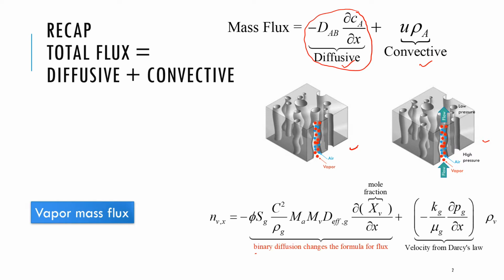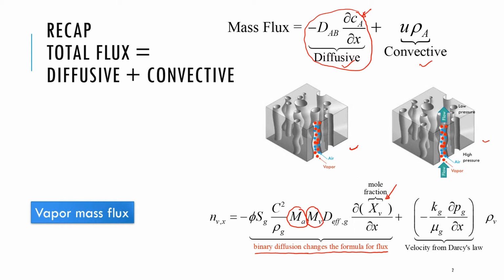Here the binary diffusion is written still Fick's law, but in a slightly different form. And as we change from concentration with various mass units to here mole fraction and so on, we get all these other factors come in, which are molecular weights and so on.